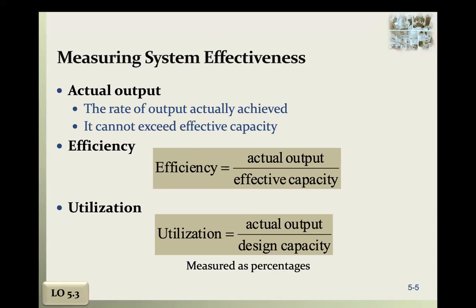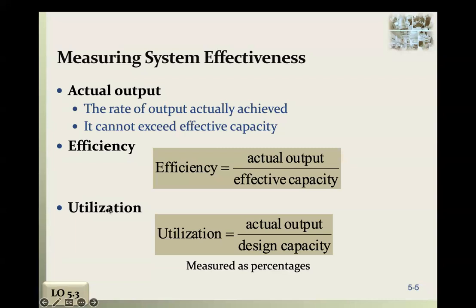Now, just imagine, for instance, a car wash, like a tunnel car wash. Just imagine how these three terms would apply there. Actual output would be the number of customers who visit there and get this service. So that will be actual output.